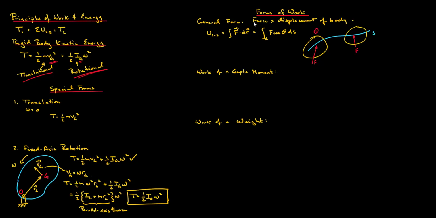And so this is position 1, and this is position 2. Okay? So what this is saying is that at this point here, we have a displacement in this direction over here. So only the component of the force vector in the direction dr is actually doing any work.